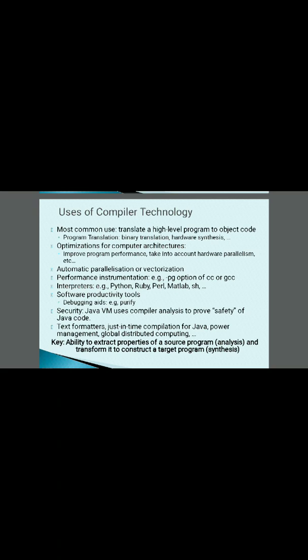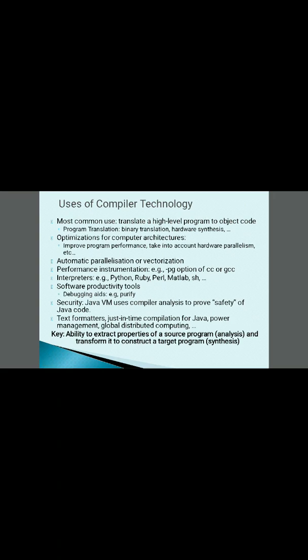But the same program can be written in parallel, where one part of your code can work with one processor, and another part with a different processor. You can make your program work in the form of parallelization. And the other use is performance instrumentation.